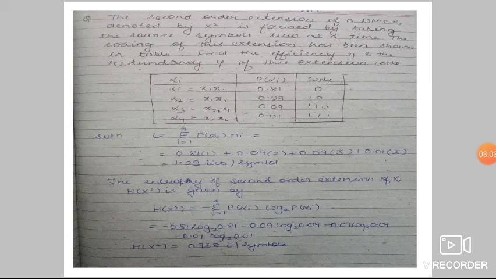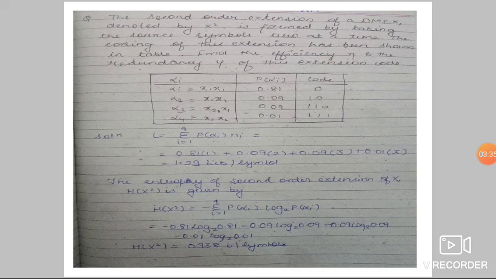So L equals summation i equals 1 to 4 of probability of symbols multiplied by their code length. So it has 0.81 multiplied by 1 plus 0.09 multiplied by 2, 0.09 multiplied by 3, 0.01 multiplied by 3. So finally the code length will come out as 1.29 bits per symbol.